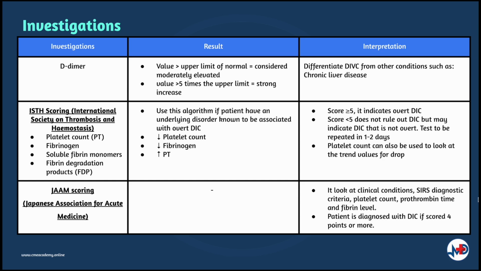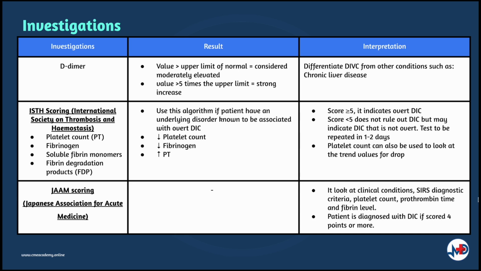As mentioned, global coagulation tests, which include platelet count, fibrinogen concentration, and PT, can be ordered. You can expect a low count due to consumption, decreased fibrinogen concentration as fibrinogen cleaves to fibrin, and a prolonged PT due to consumption of coagulation factors.